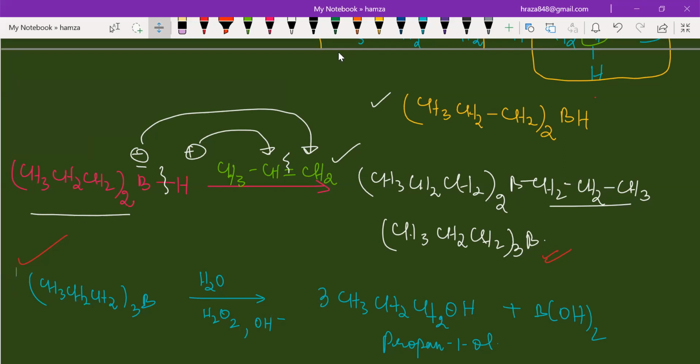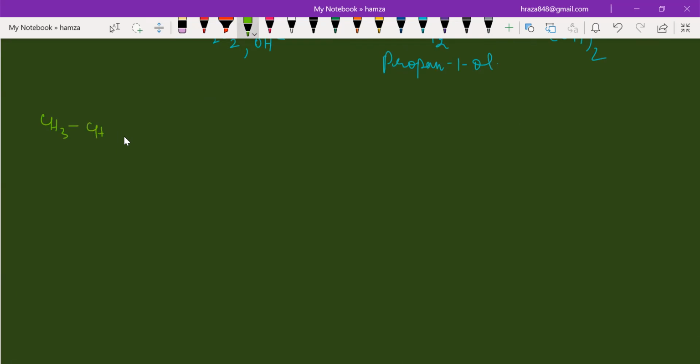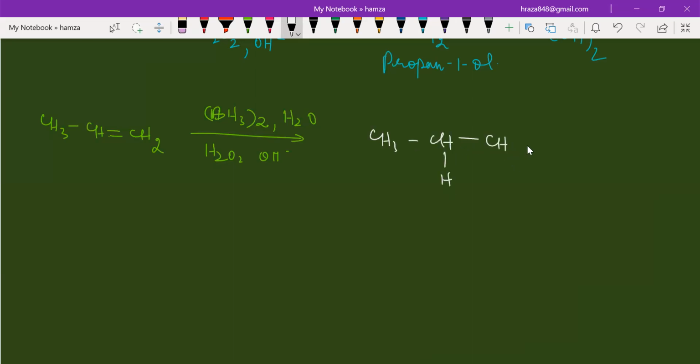Okay. Now see, the question is given like CH3 CH double bond CH2, reacting with BH3 whole thrice, and then H2O2 in the presence of OH and H2O. What you need to do is very simple. Just make 3 moles of this 1 degree alcohol.